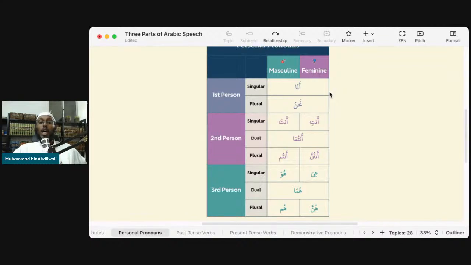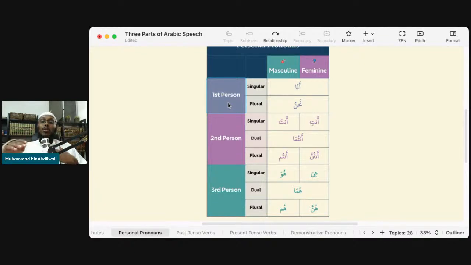Now, these pronouns are first person, second person, or third person. Now, the first person pronoun, we only have singular and plural. We don't have dual. That's one thing. And also, the first person, we don't differentiate between masculine and feminine. So that's why the first person, instead of 5 or 6 options, we only have 2.